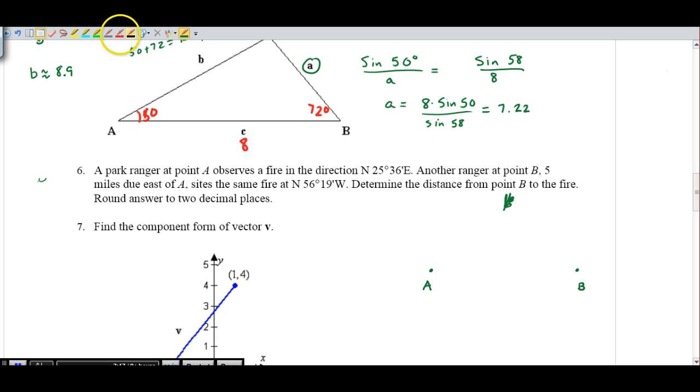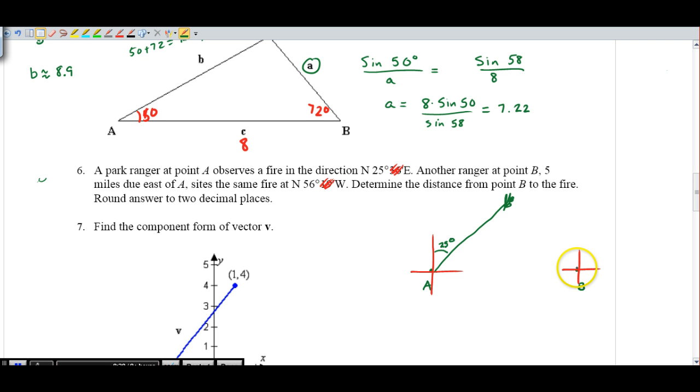So this angle here is gotten from a compass. So north 25 degrees. I'm going to ignore the minutes here. We didn't study that. So we're just going to go north 25 degrees east. So that fire is here. And this angle is 25 degrees.